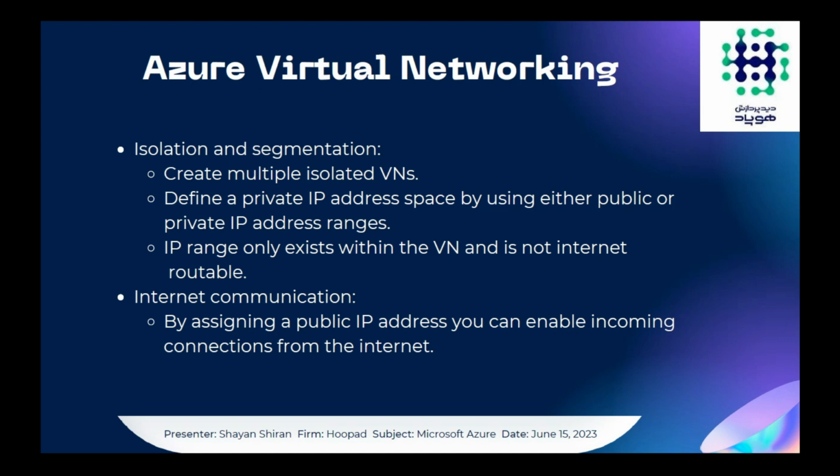The IP range only exists within the VNet and it's not internet routable, and that's what makes it isolated. And by using ranges of IP addresses, we can segment our virtual network into different subnets.